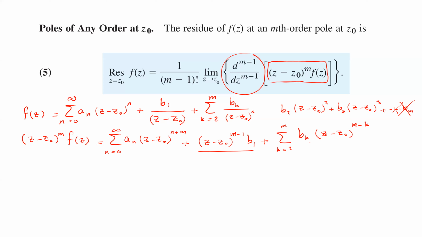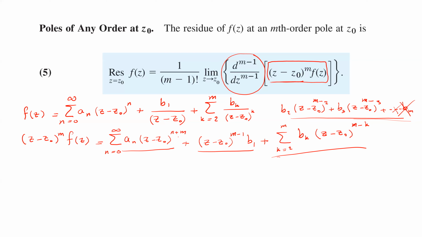And if you take the m minus 1 derivative, all of these go away because, actually, this becomes m minus 2, m minus 3. I made a mistake. All right. So if you take the m minus 1 derivative, all of these go away.